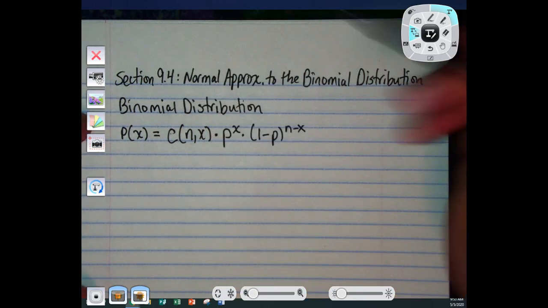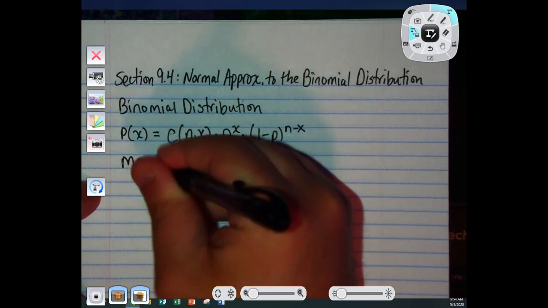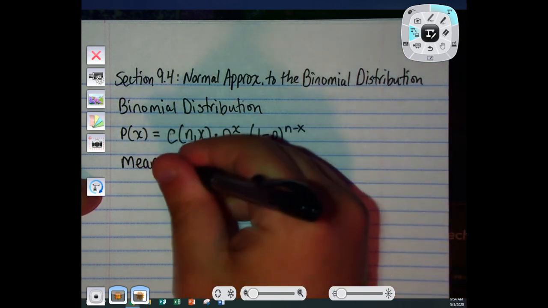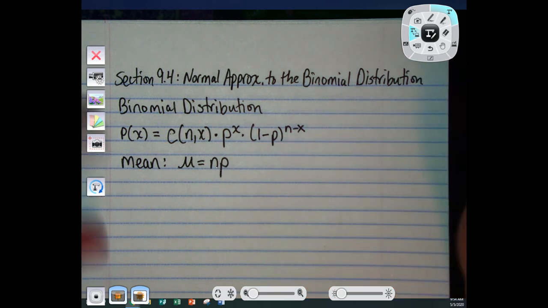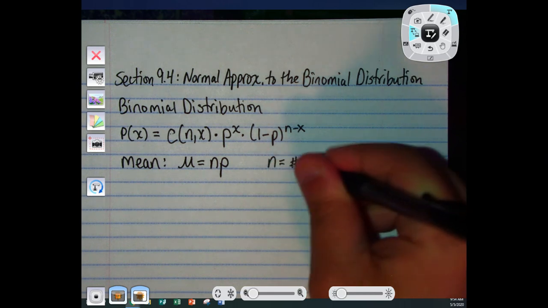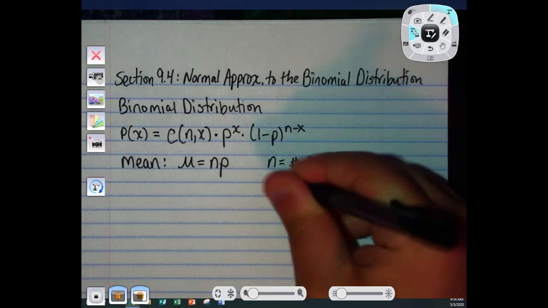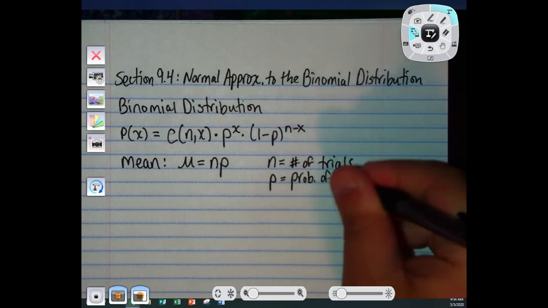So from that, we can say then that to calculate the mean of a binomial distribution, we use the formula mu equals n times p. And remember that n is equal to the number of trials, and p equals the probability of success.